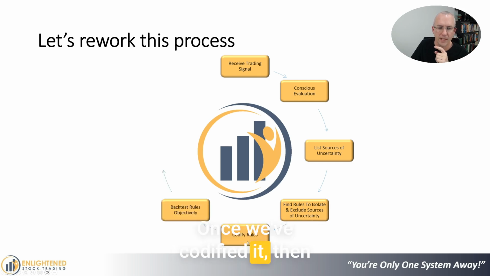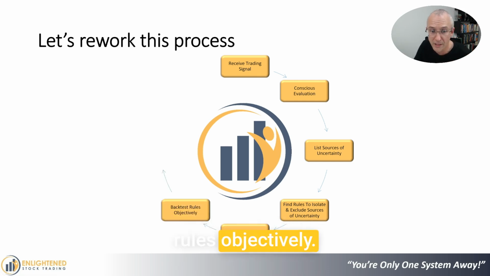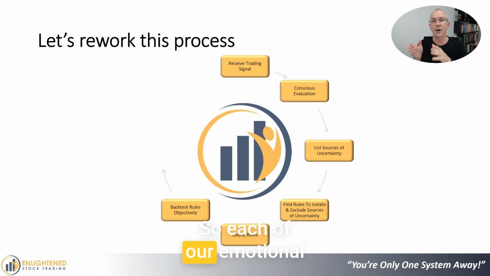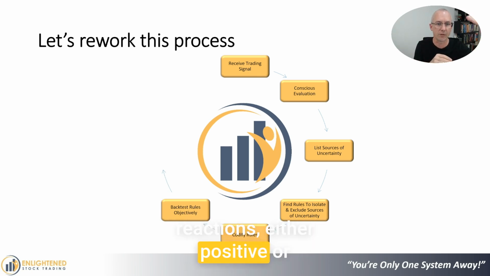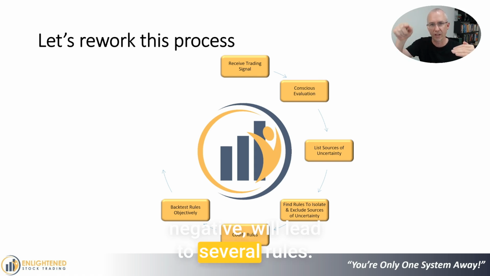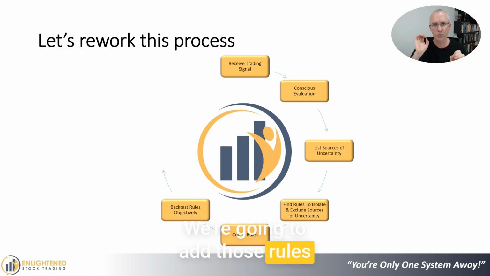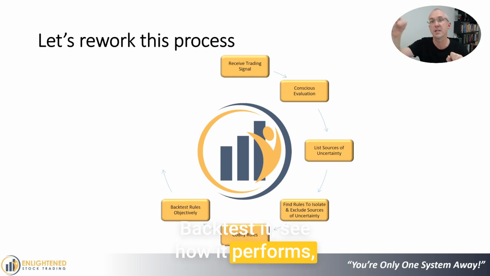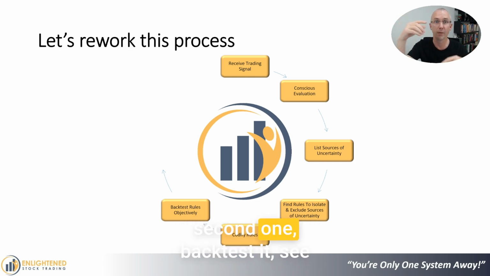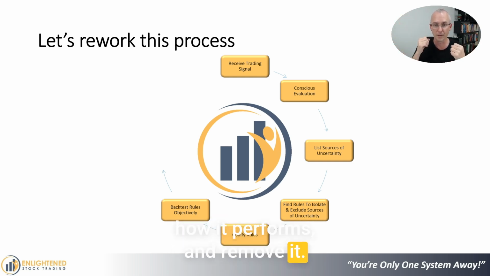Once we've codified it, then we're going to backtest those rules objectively. So each of our emotional reactions, either positive or negative, will lead to several rules. We're going to add those rules to the system one at a time. We're going to add the first one, backtest it, see how it performs, then remove it. Then add the second one, backtest it, see how it performs, and remove it.